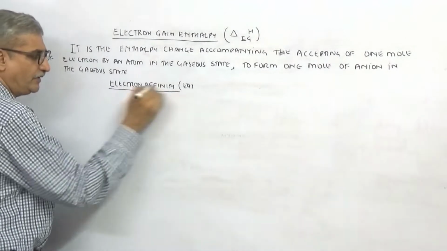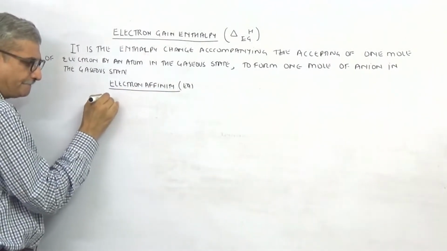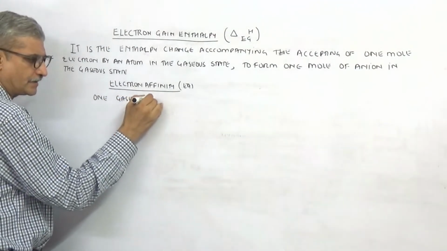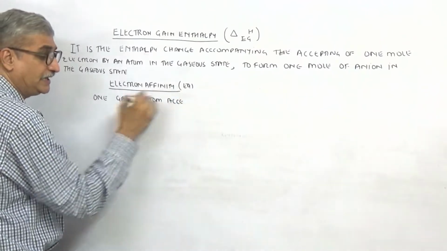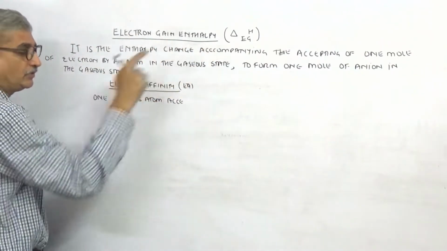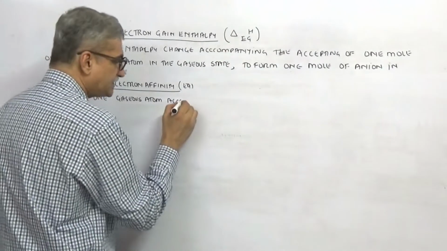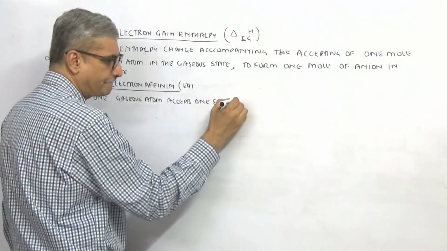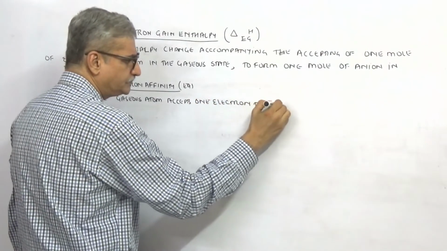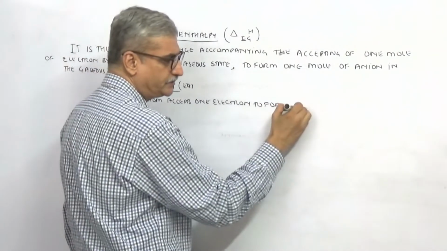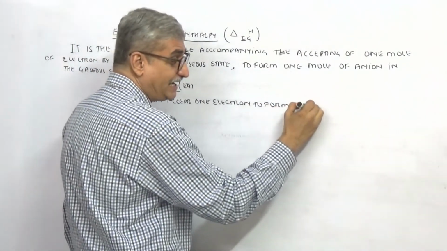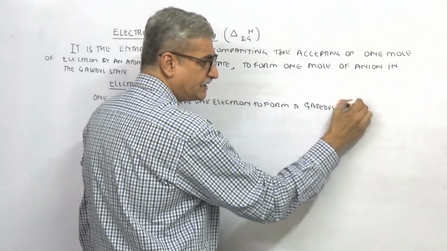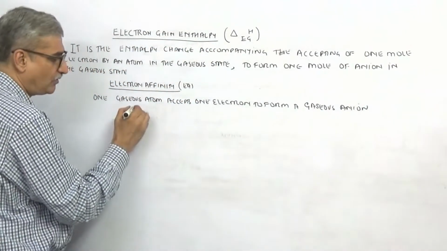So when one gaseous atom accepts an electron, here 1 mole accepting 1 mole of electron, to form a gaseous anion, it is called electron affinity.